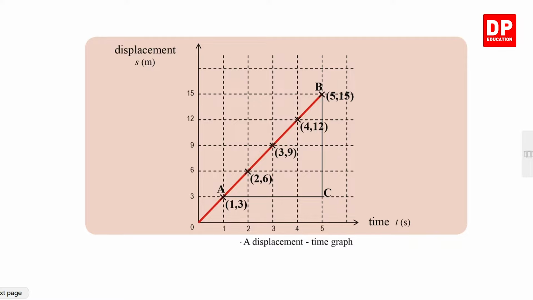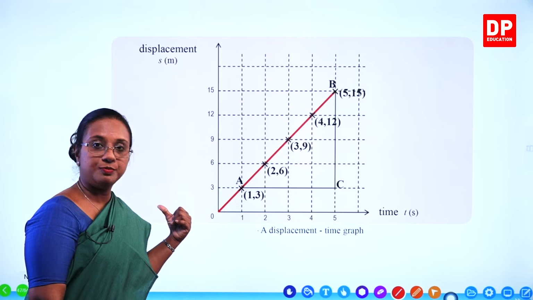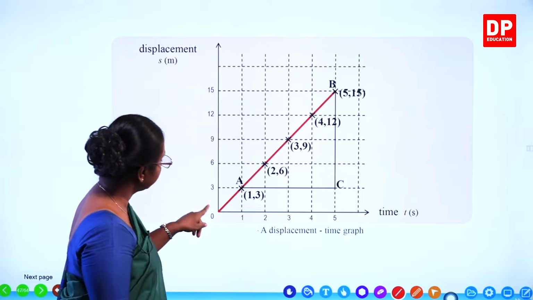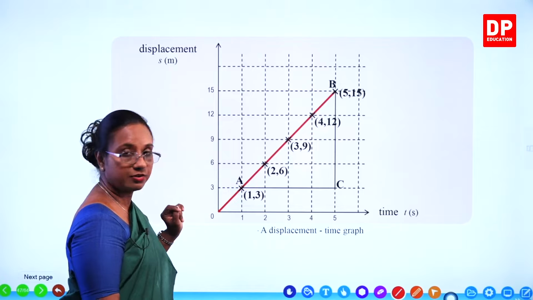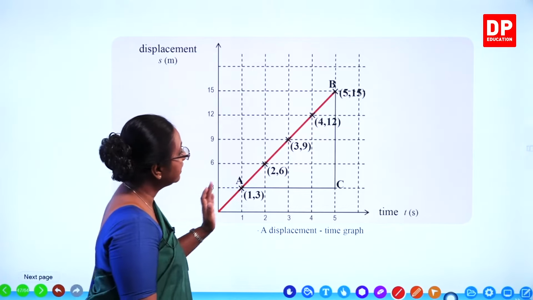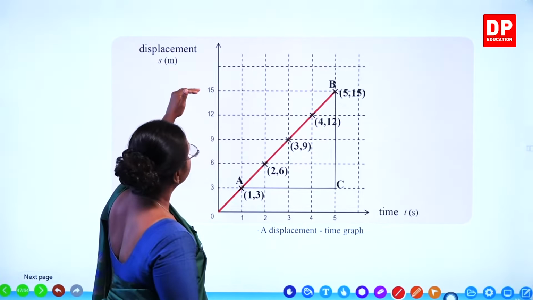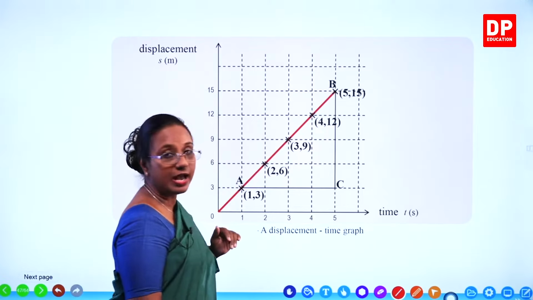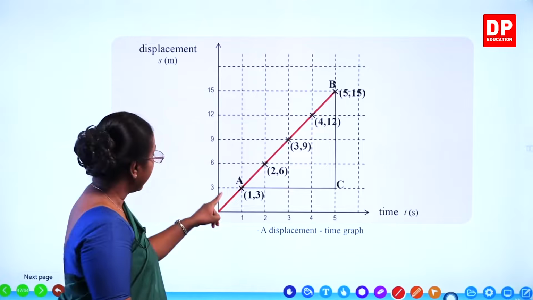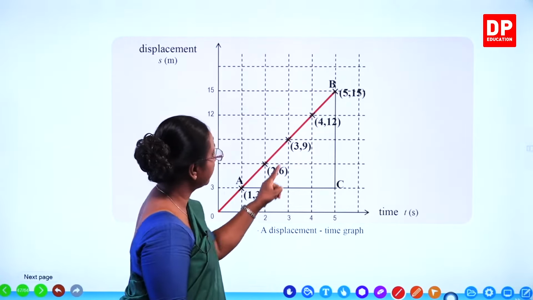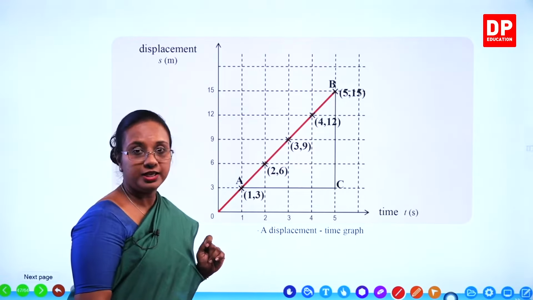This is the same graph that we drew before. So the object started from rest at 0 seconds, 0 displacement, and at the end of 5 seconds, it reached a point where the displacement was 15 meters. And as we saw, all the coordinates are given to you here.